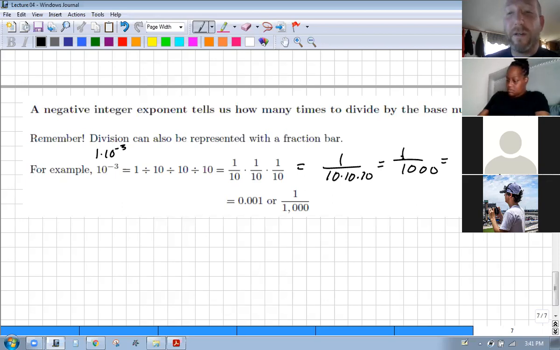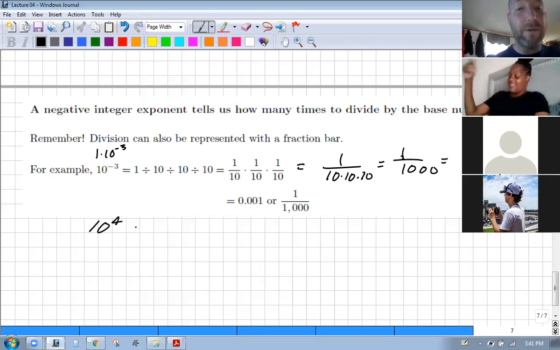So be careful here. It's 10 to the negative 3, but notice there's only 2 zeros. That's because we started off with a 1 and we moved the decimal to the left 3 times. When you do a 10 to the negative 3, it's moving the decimal to the left. Before, you were moving the decimal to the right.